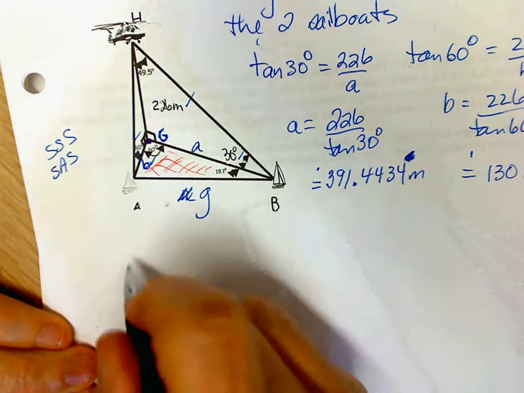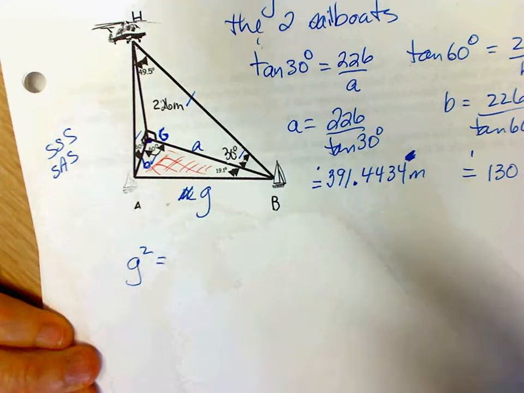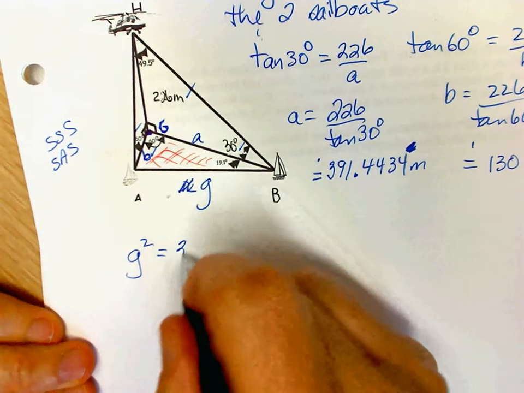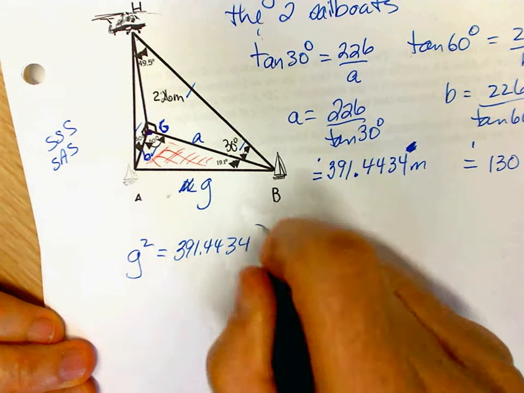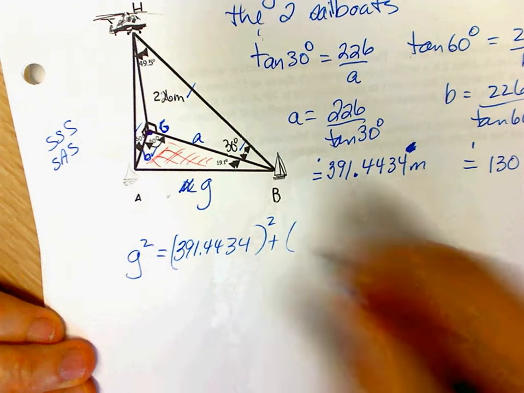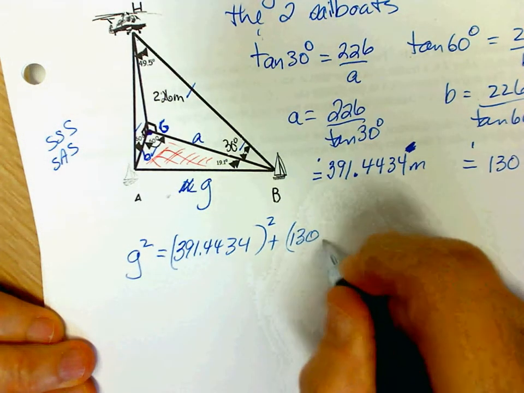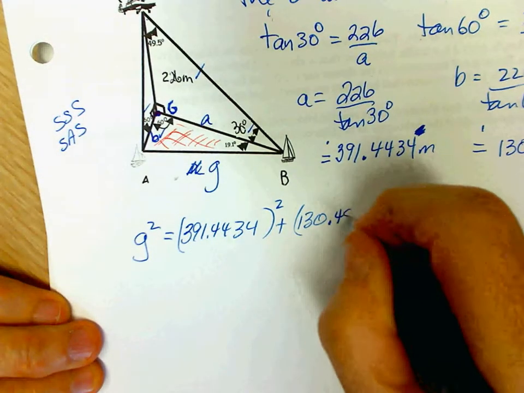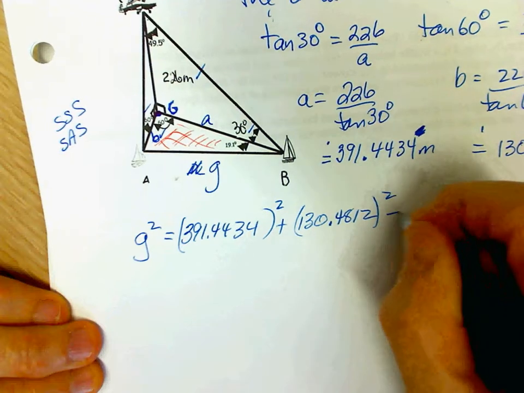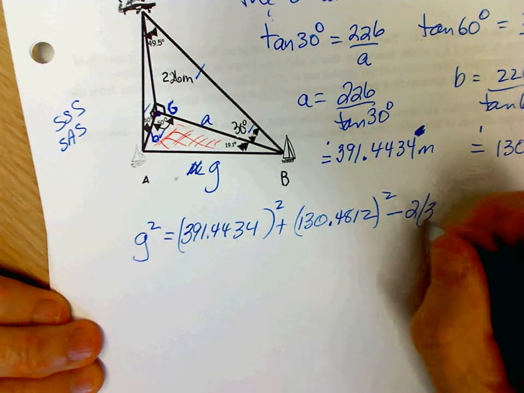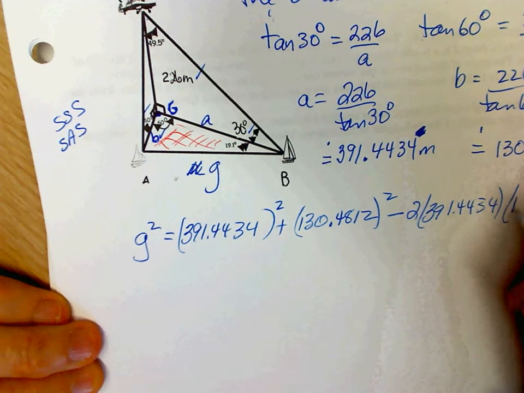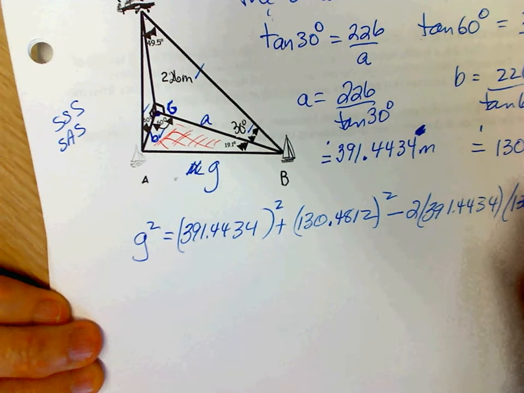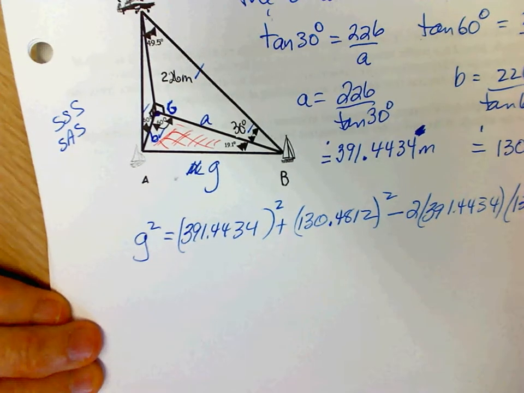So now we have G squared equals 391.4434 squared plus 130.4812 squared minus 2 times 391.4434 times 130.4812 times the cos of 60 degrees.